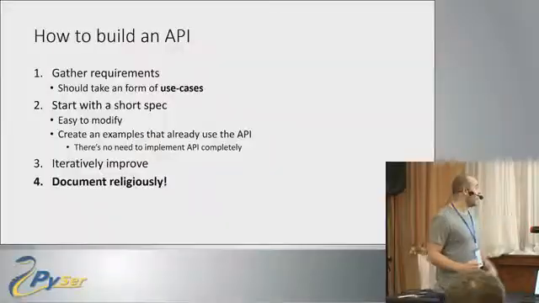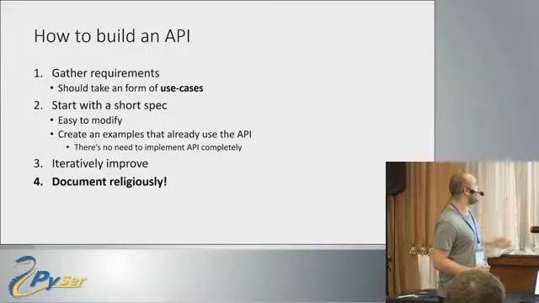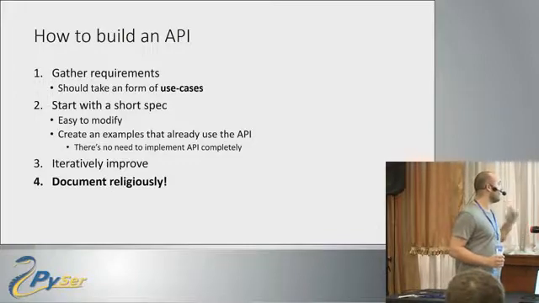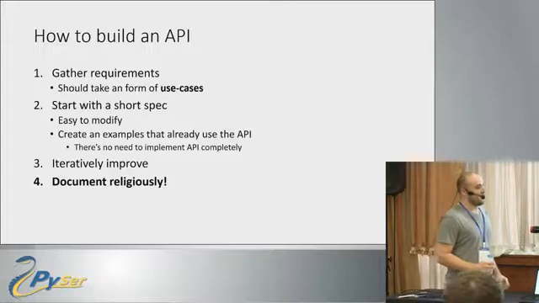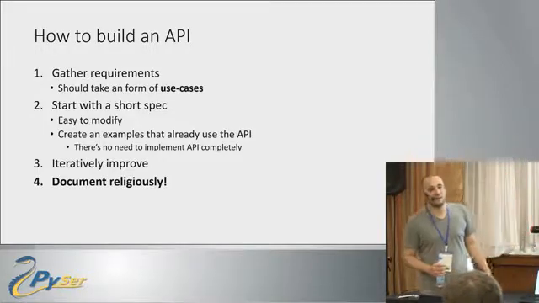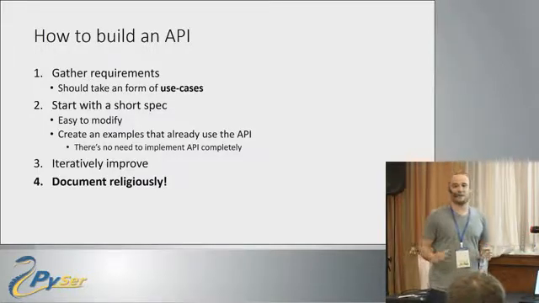After you do that, the most important thing is to document your API religiously. I had an opportunity to use a really great front end for LLVM, and I'm not going to name it. What I needed to do was write a simple source-to-source transformer.